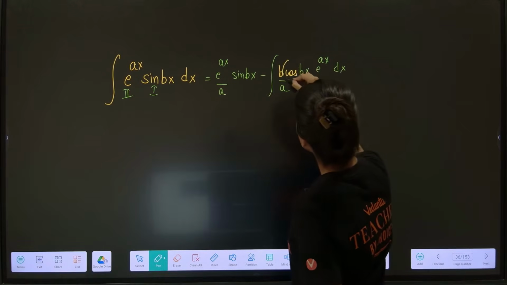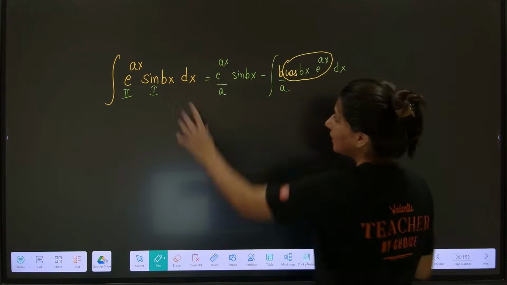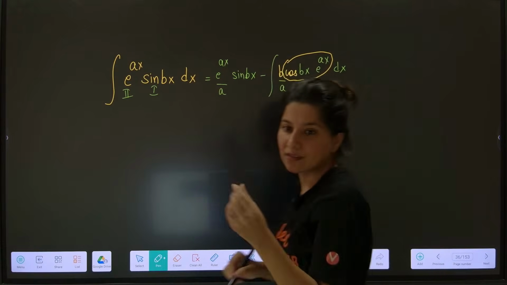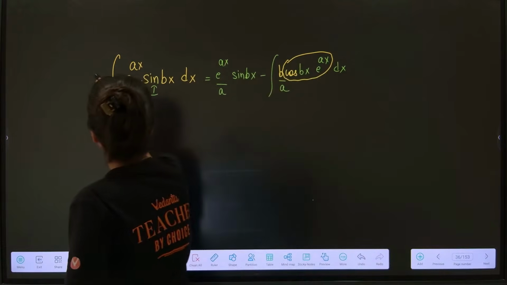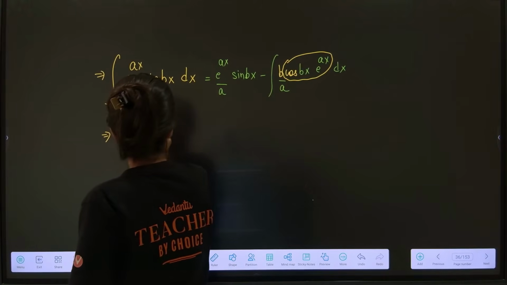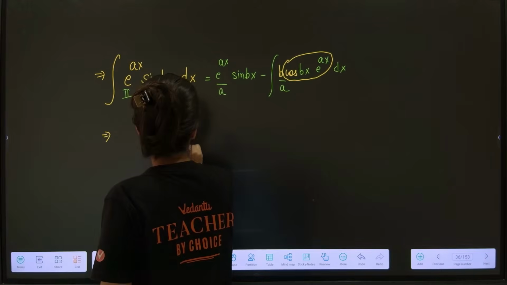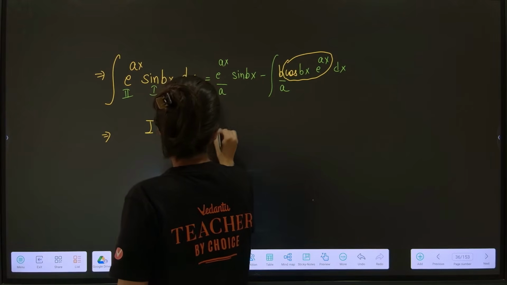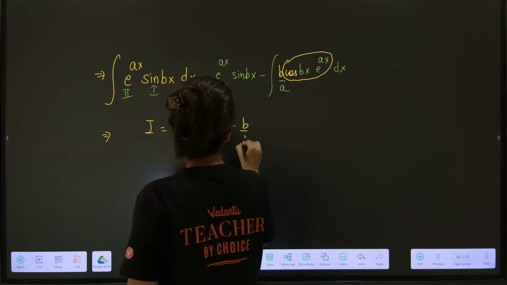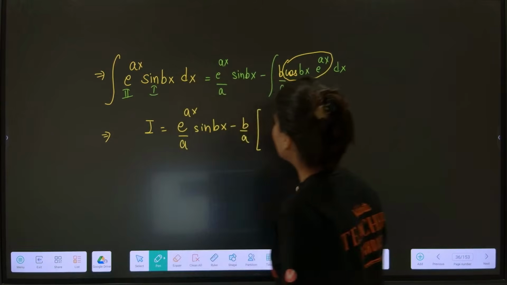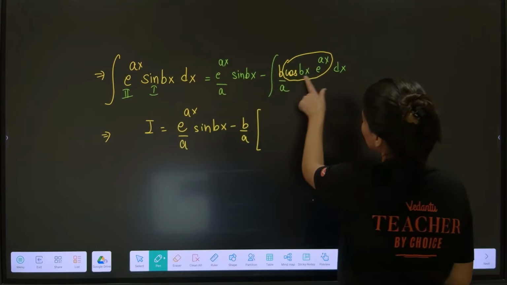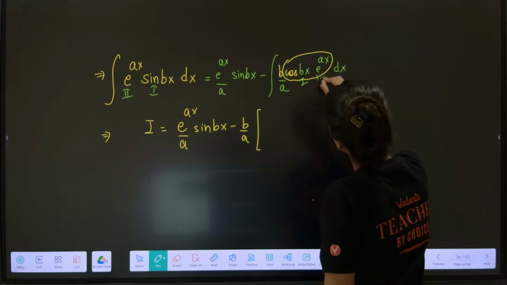Again, can you see? Again, a similar type, exponential and trigonometry is there. So this is I is equals to e power ax upon a sin bx minus b upon a, and you know what, again this is going to be the first, this is second.